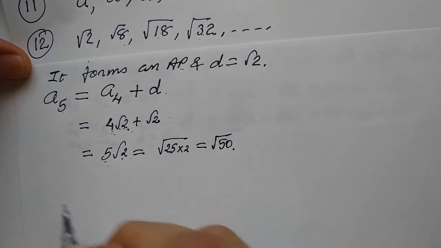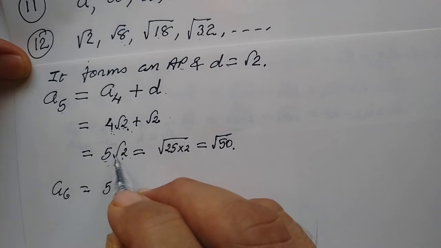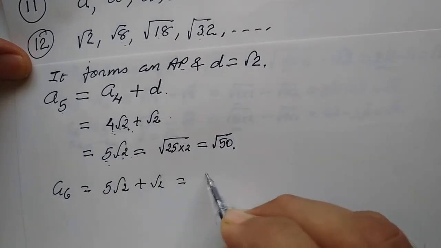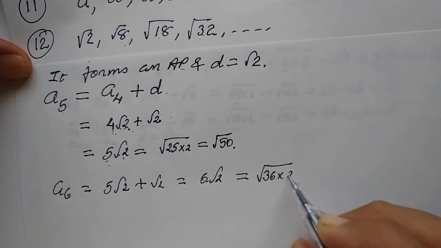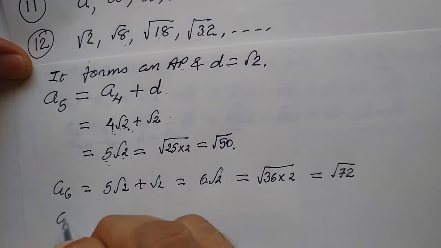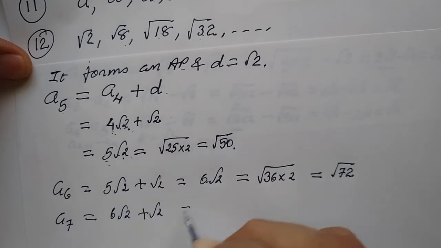Now children, here A6, you write 5 root 2. This 5 root 2, don't write root 50, plus root 2. It is 6 root 2. Then 6 goes inside, 36 into 2. It is root 72. And similarly, A7, so 6 root 2 plus root 2.